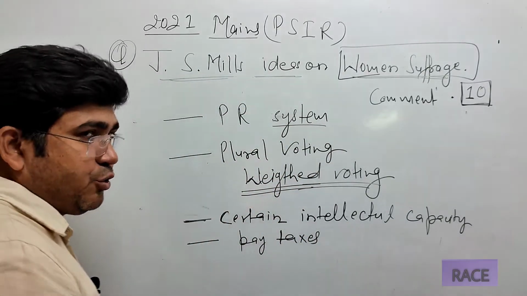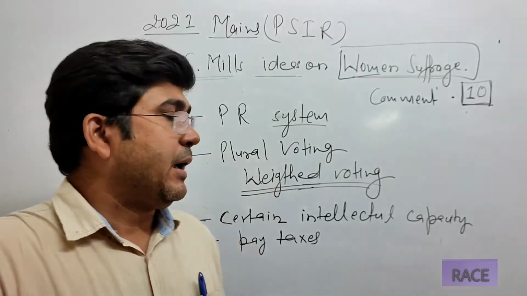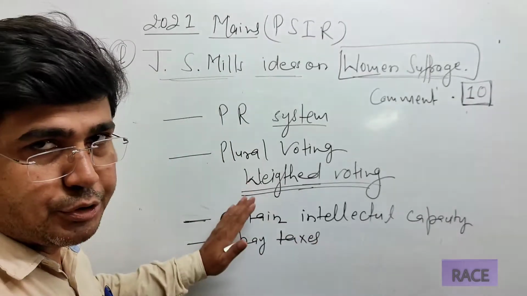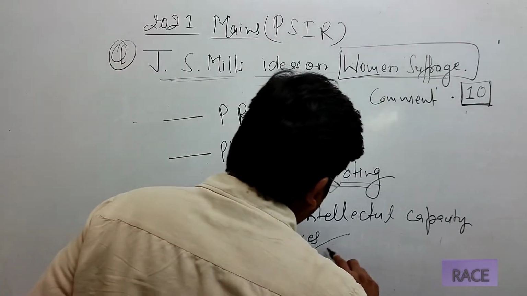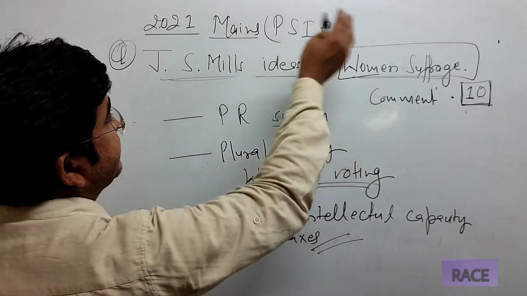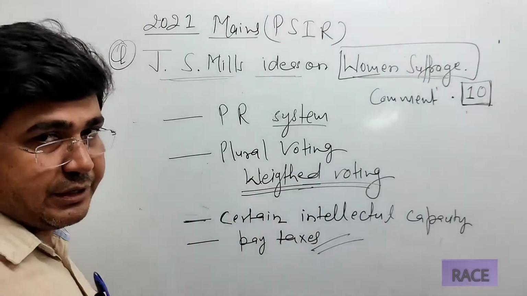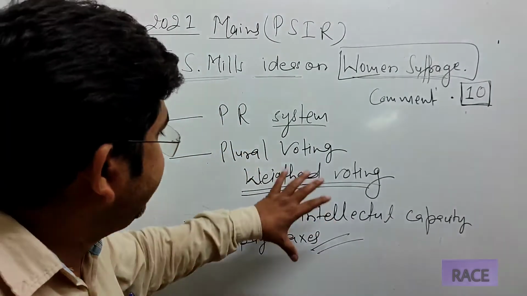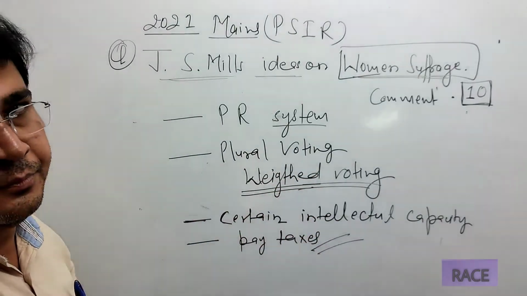So he is against universal adult franchise, and these two qualifiers he had put. So when the question says women's suffrage, J.S. Mill advocated that yes, women should be given the right to vote, with these two qualifiers.